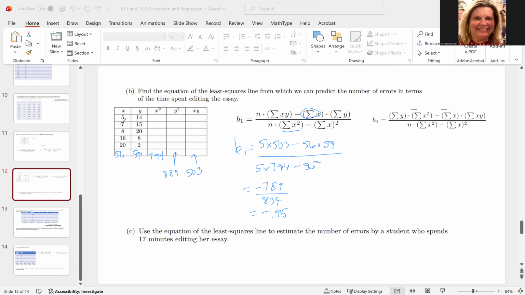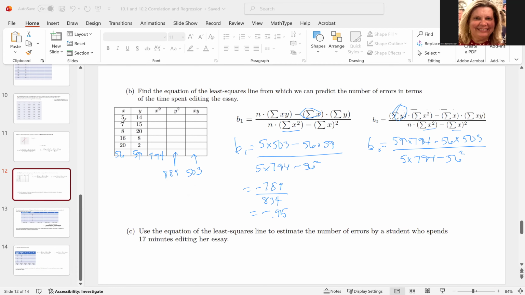That's my slope. Then I'm going to do the same thing for b sub 0. The sum of the y's, which is 59, times the sum of x squared, 794, minus the sum of x, 56, times the sum of xy, 503, over n times the sum of x squared, 794, minus the sum of x squared, which is 56 squared.